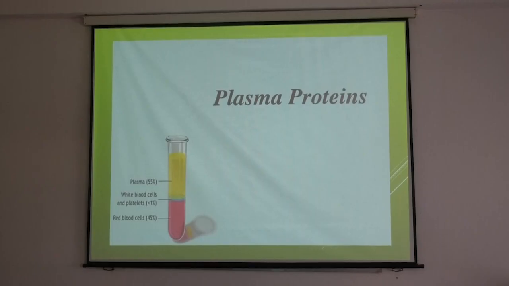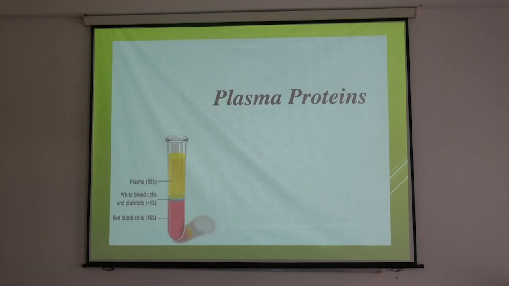So here, if we take blood in a tube and then spin it in a centrifuge machine, the upper part is called plasma. Then there is a whitish part due to WBC and platelets, and then the red part due to RBC.